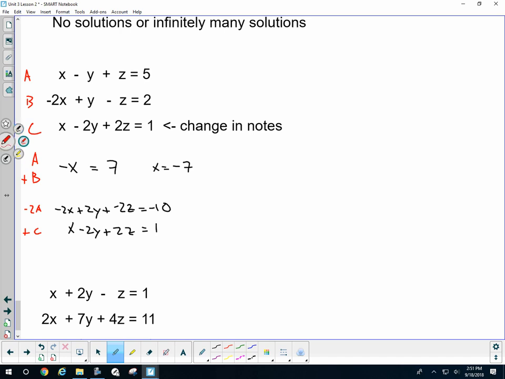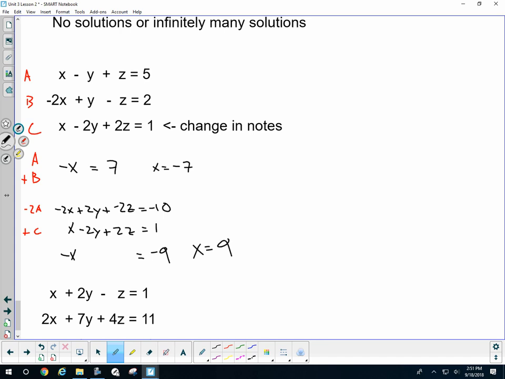Add those together, and my y's and my z's eliminate, giving me -x is equal to -9. Well, from this equation, I get x is equal to 9.